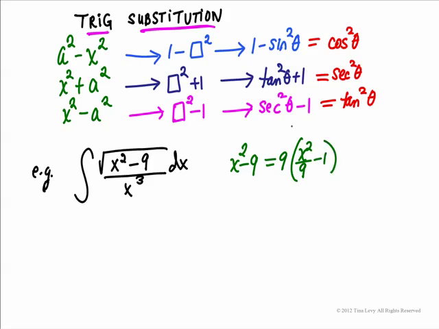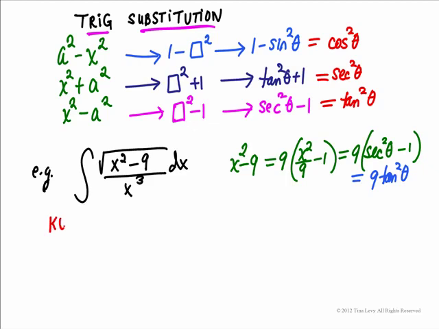And I look up here and I see that's a perfect example for me to put in secant squared. So this will be 9 times secant squared theta minus 1, which I know will become 9 tangent squared theta.